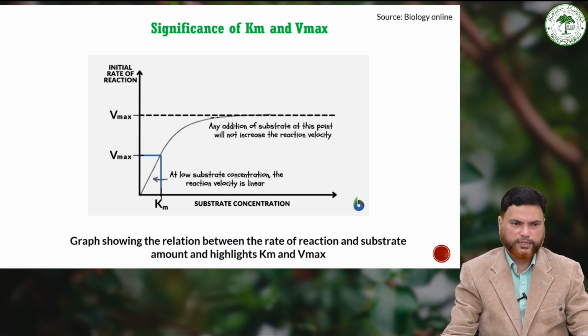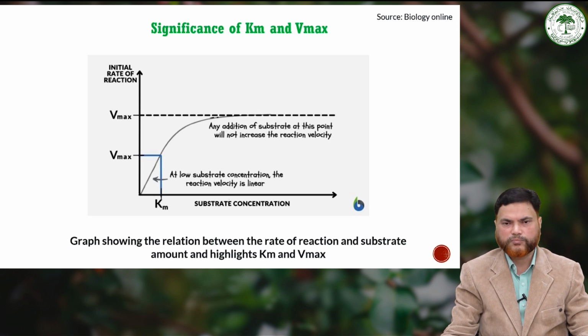Vmax, on the other hand, is a very interesting parameter which represents the maximum rate at which an enzyme can catalyze a particular reaction. It is the maximum velocity achieved by the enzyme when the substrate concentration is high enough to saturate the enzyme.